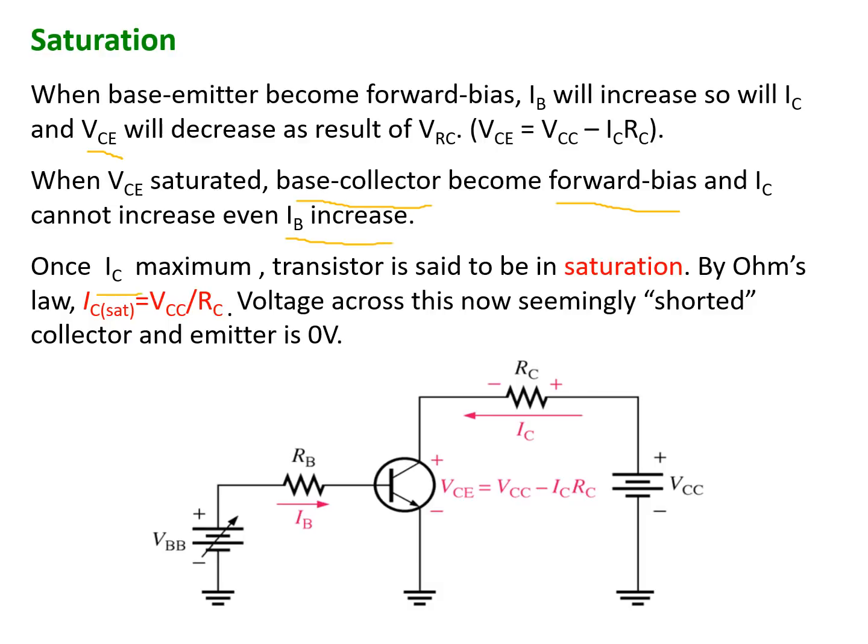Once IC is maximum, the transistor is said to be in saturation, and by Ohm's law, IC saturated is equal to VCC over RC.